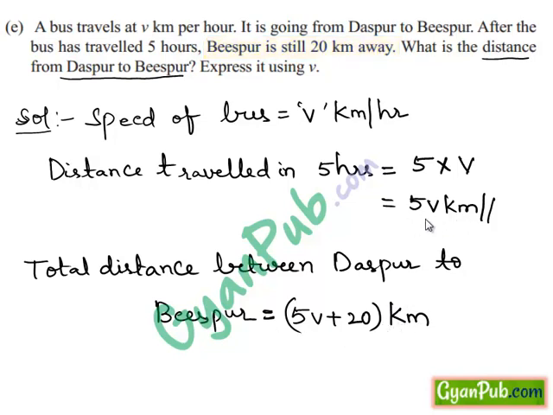After 5 hours it was 5v kilometers, and since Bispur is 20 kilometers away, it is 5v plus 20 kilometers. Therefore, the distance from Daspur to Bispur is 5v plus 20 kilometers.